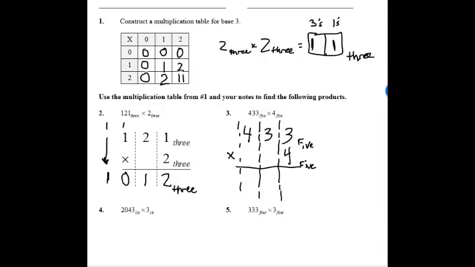So 3 times 4 is 12. What we want to ask is how many times does 5 go into 12? 2. So that's what we end up carrying. And what's left over? Well, 10.